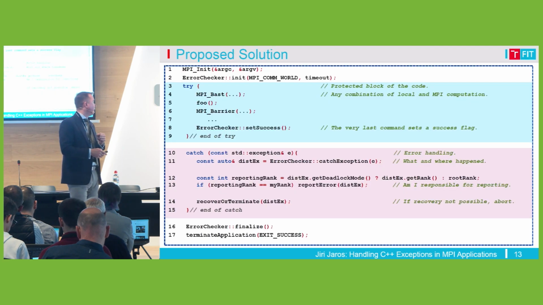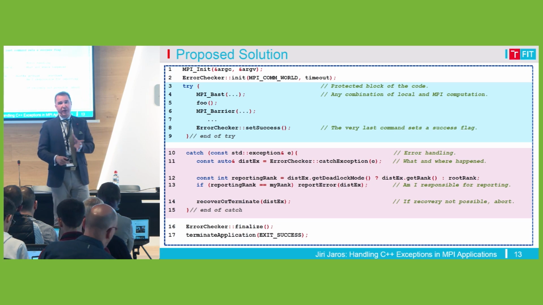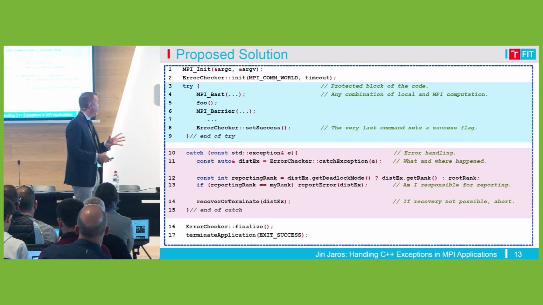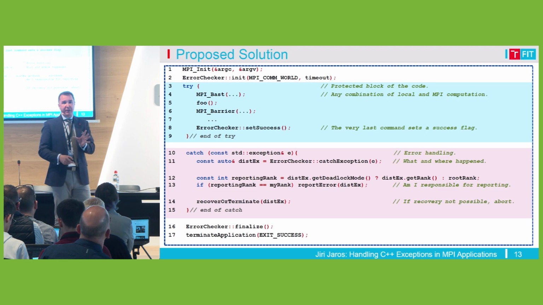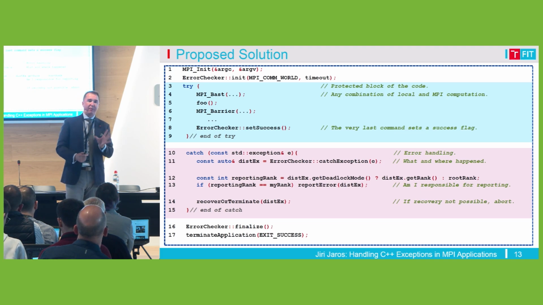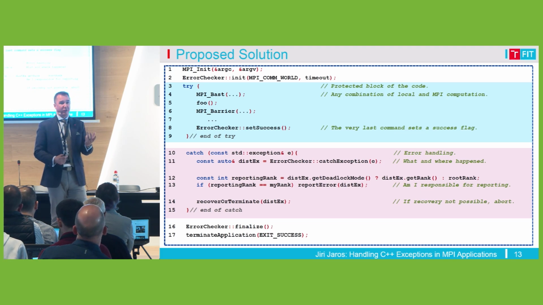Okay, maybe let's take a look at the implementation. Let's start from the beginning. If you want to use it in the simplest way, you just initialize MPI and then initialize the error checker. For this, you need the communicator you would like to protect. In this case, it's MPI_COMM_WORLD, which means you protect the whole application. And you need some kind of timeout. This timeout is necessary to detect the deadlock state.